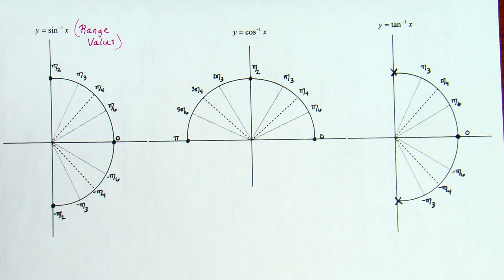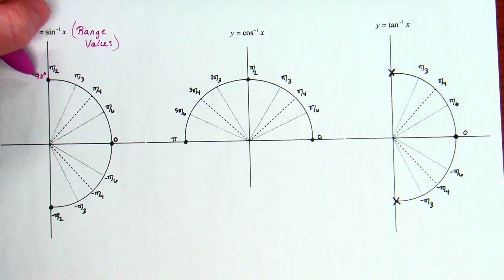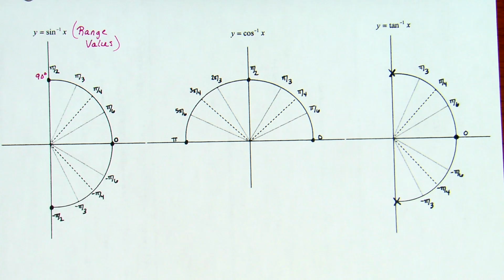Now, what is pi over 2 the same as in degrees? Pi over 2 is how many degrees? Pi over 2 is 90 degrees. If positive pi over 2 is positive 90 degrees, what is negative pi over 2? Negative 90 degrees.